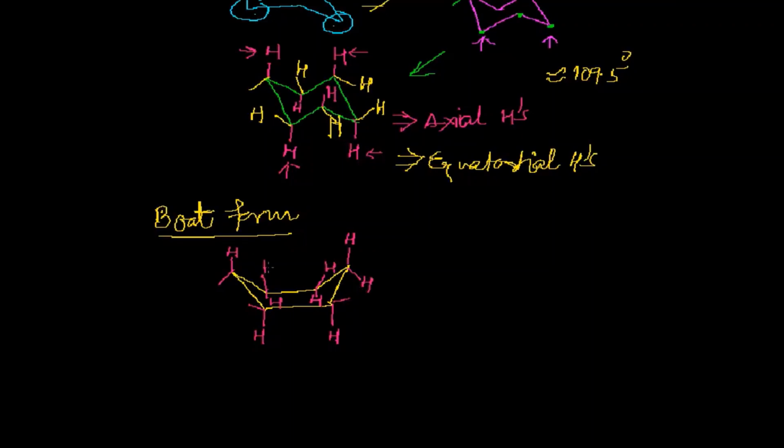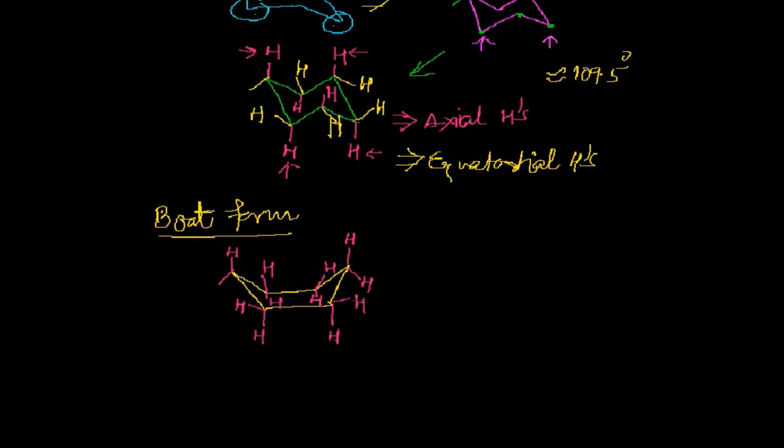So we have again axial and equatorial hydrogens. So these two are the important forms of cyclohexane. In between there are many other forms that do exist, like half chair and the twisted boat forms.